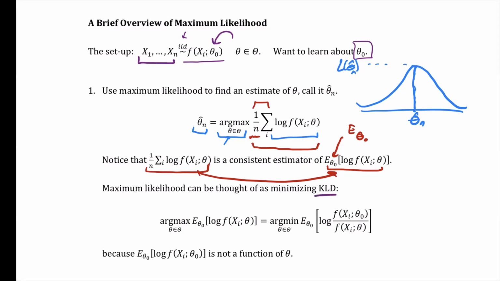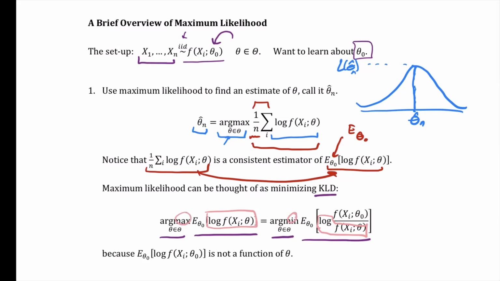And so it turns out that maximizing the log likelihood is the same thing as minimizing the Kullback-Leibler divergence. Notice here, I have this piece on the top and this piece on the bottom. To flip a log over, I have to multiply by -1, and I pulled the -1 out, which is why the max goes to the min.